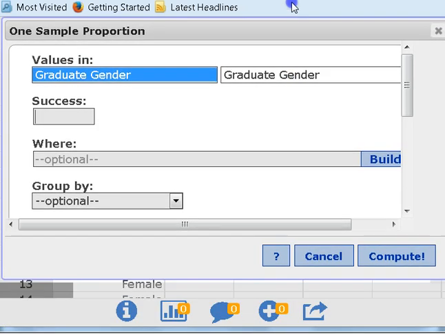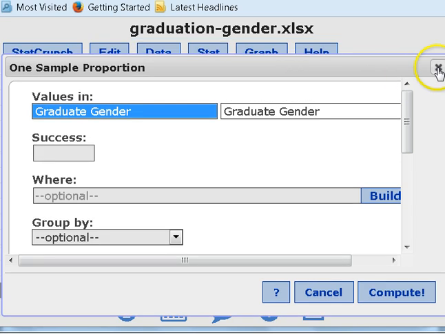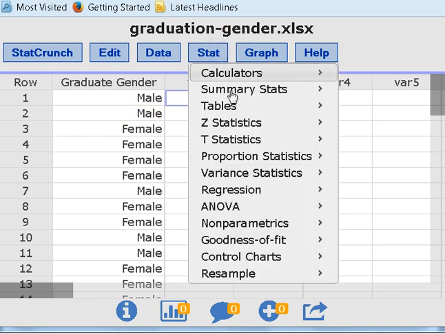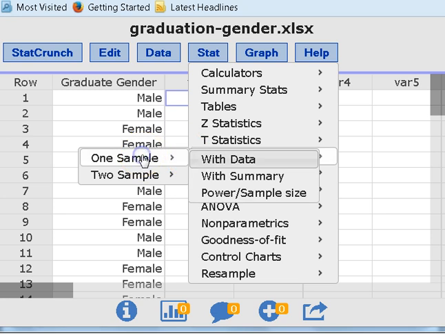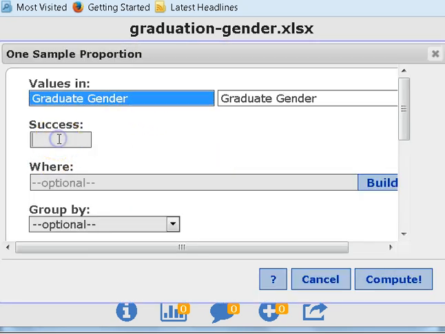The successes, we're looking for the proportion of females. So we want to tell the program to look for the female in this column. So going back to Stat, Proportion Stats, one sample with data, graduate gender, the success is female.